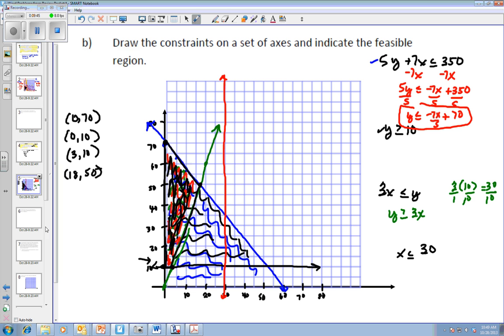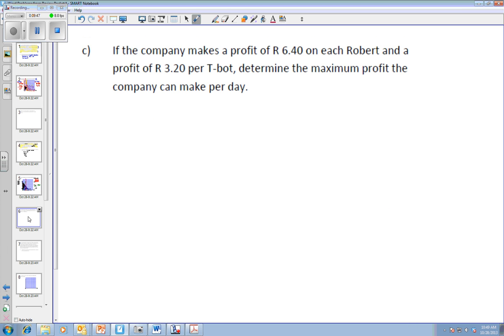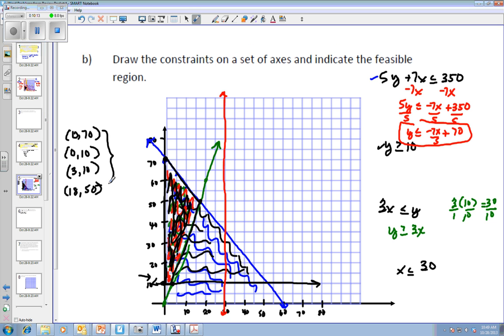So part C says, if the company makes a profit of $6.40 on each robber and a profit of $3.20 per T-bot, determine the maximum profit the company can make per day. So profit equals $6.40 for each robber, which is X, plus $3.20 per T-bot, which is Y. So now we're going to take these ordered pairs and plug them into that equation.